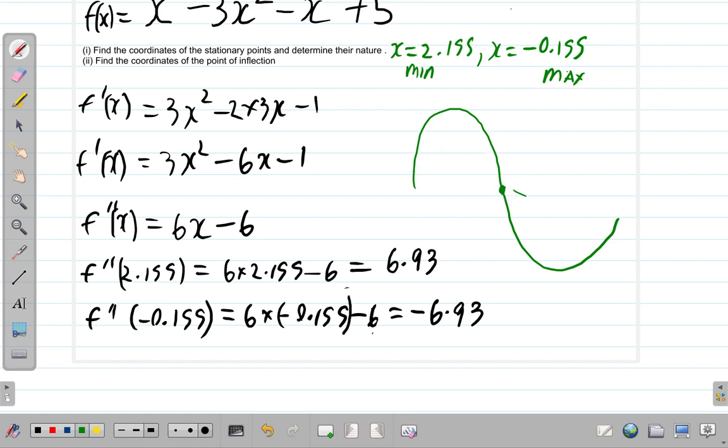So right at this point is where you have a switch from concave up to concave down.